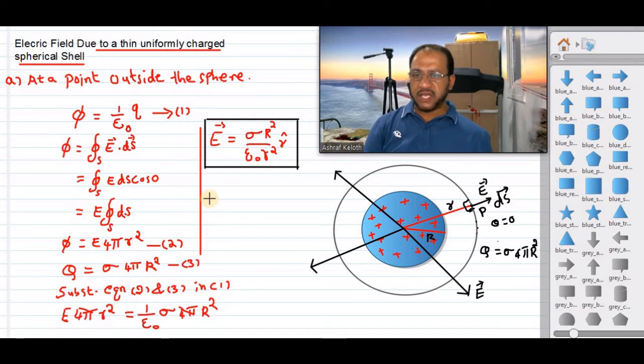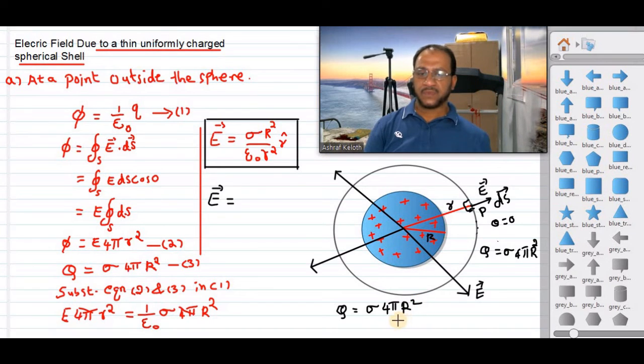The same equation I am writing again in a different form, that is electric field intensity E at a point outside the shell. Instead of sigma I am substituting the value. What is sigma actually? Total charge Q equal to sigma into area, 4 pi capital R square.